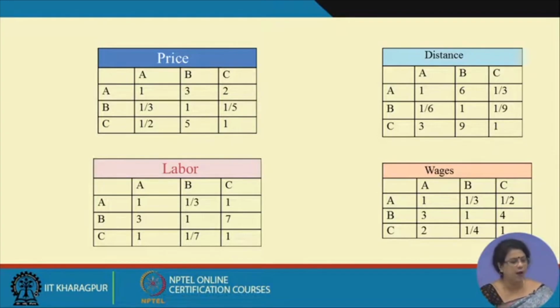Now, first, as I said, for the 4 individual matrices we will prepare the priority vector. Priority vector is nothing but making the ranking, ordinal ranking, cardinal ranking, for the 3 locations A, B, C. We are going for the cardinal ranking with respect to this information.